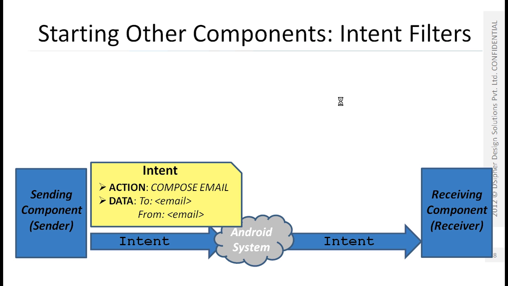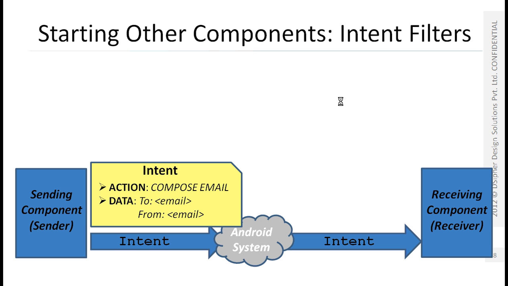The data, such as the from email ID, to email ID, subject, and body of the email from a form in your application, is passed to that application. That application gets this data from the intent and sets it according to the email structure.